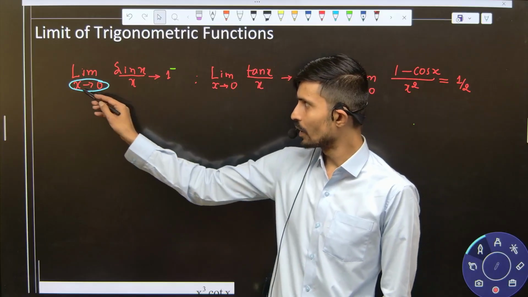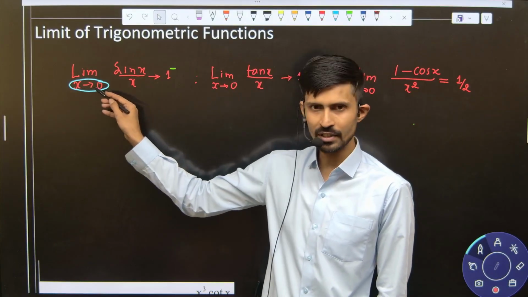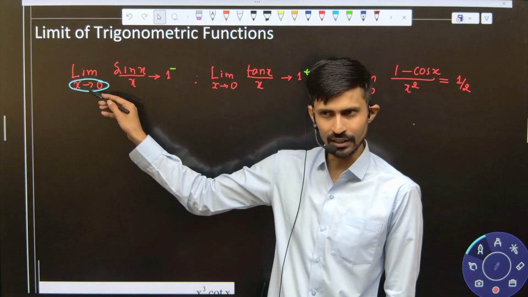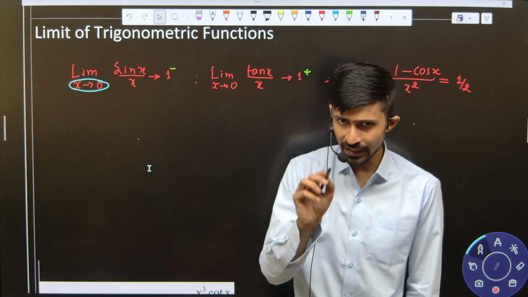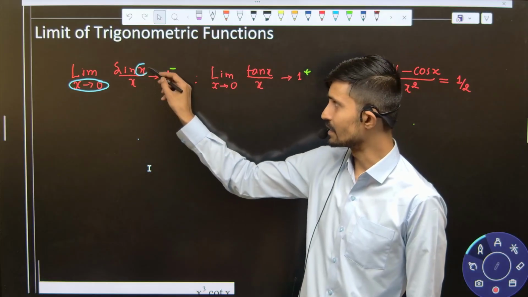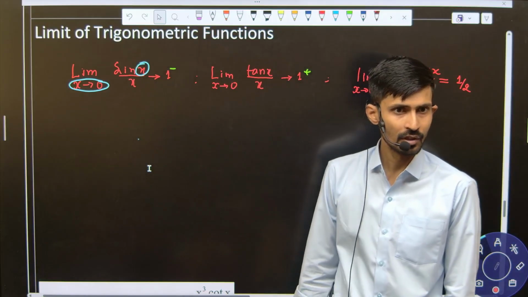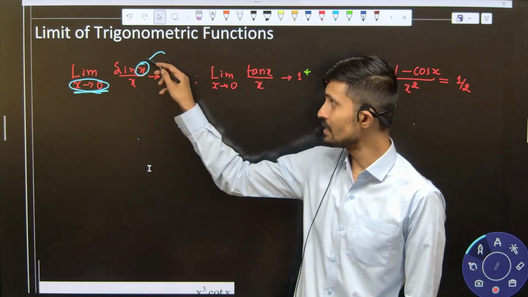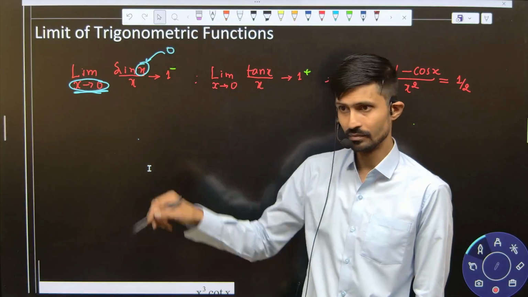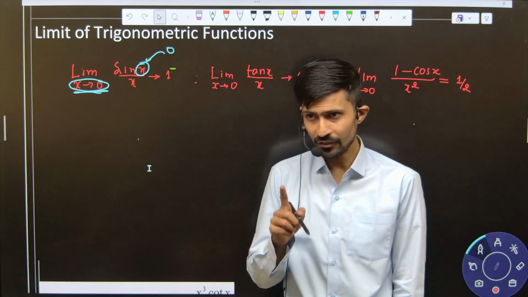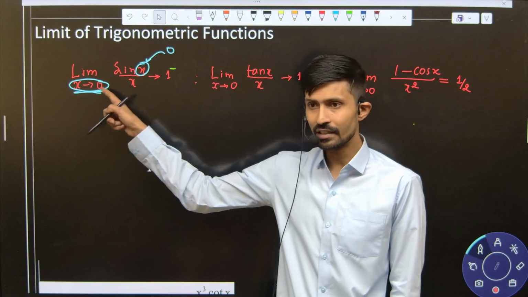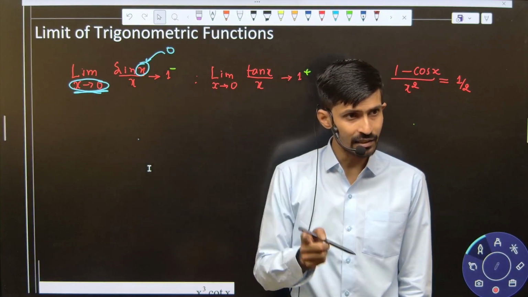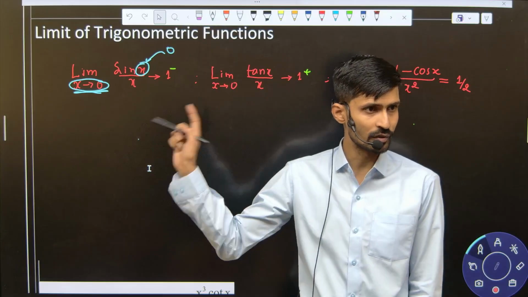See, what is the understanding of this x tends to 0? First think, what is x? X is the angle inside sine. So whatever limit is there, at that limit, the angle inside sine should become 0. If at the given limit, the angle inside sine is not becoming 0, we cannot use the formula.